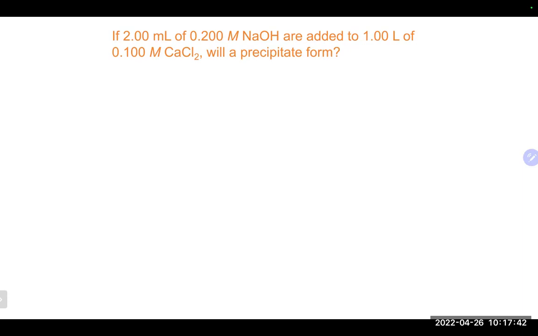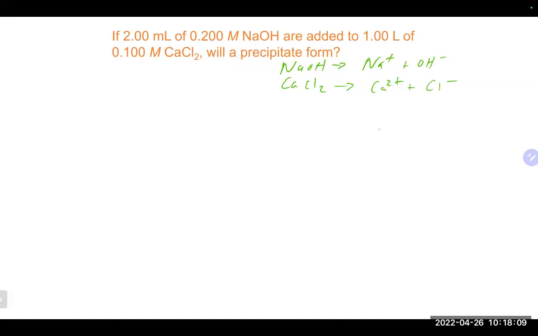So one of the things you want to figure out is, there's really two options of products that can be made. The sodium hydroxide is basically a source of sodium ions and hydroxide ions, right? And our calcium chloride is really a source of calcium ions and chloride ions, right?